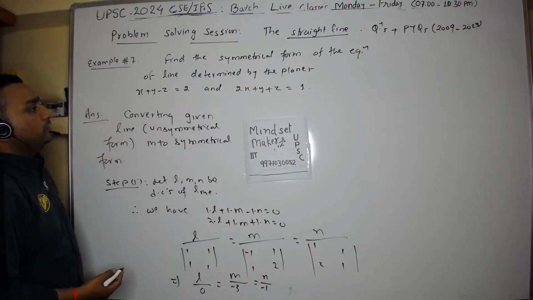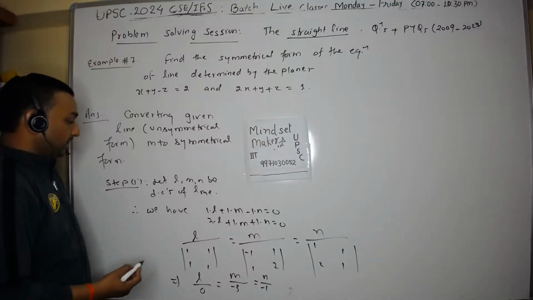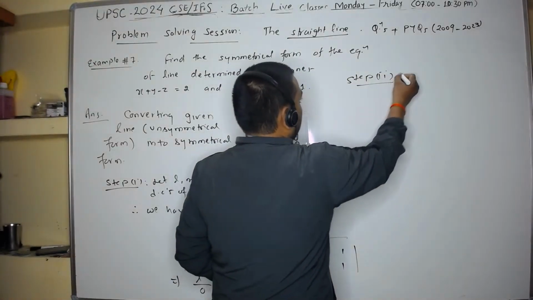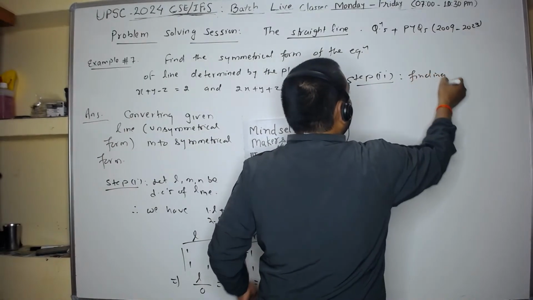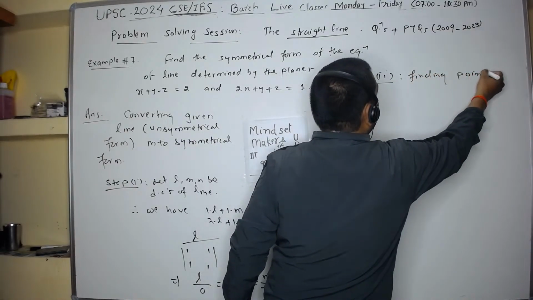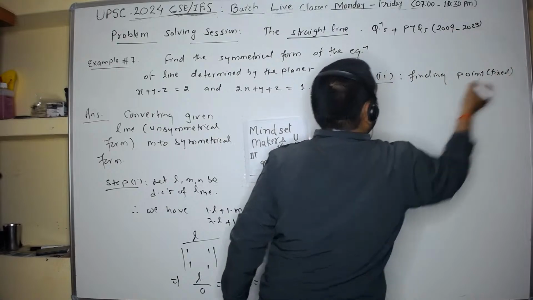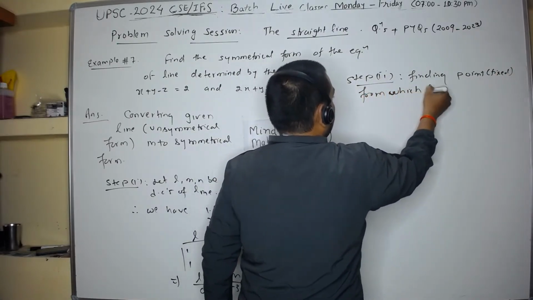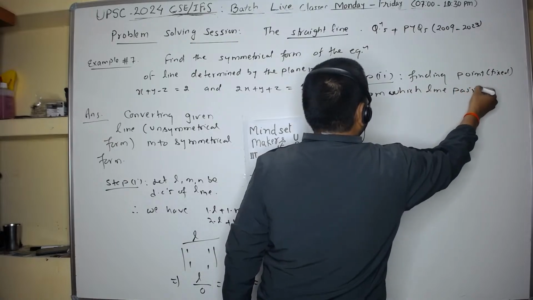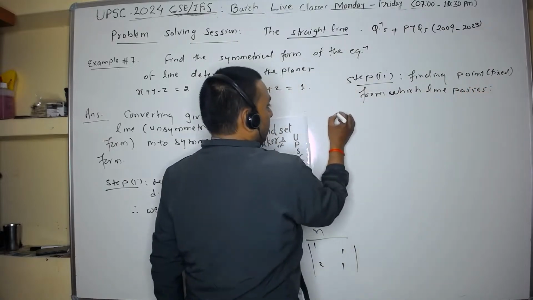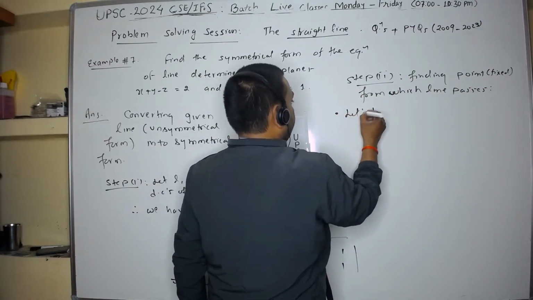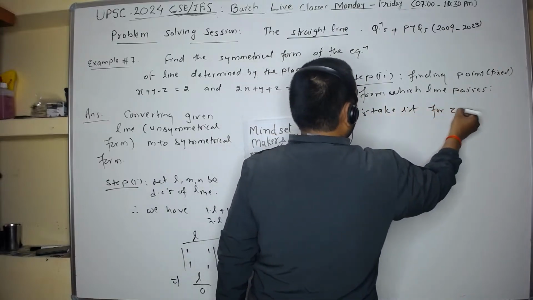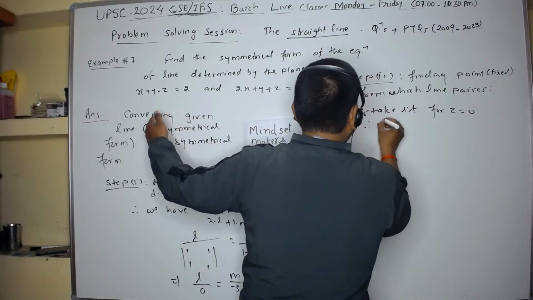The next step is to find the point, a fixed point from which the line passes. I told you clearly, let's take z equals to 0.